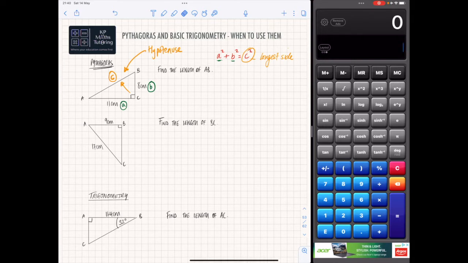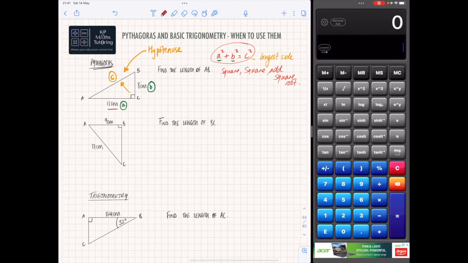That's why Pythagoras works, but if you can remember the formula, that's the most important thing. A quick way you can remember it is: square the side, square the other side, add the two together, and then square root. That basically tells you your process: square, square, add, square root. Let's look at what that means.